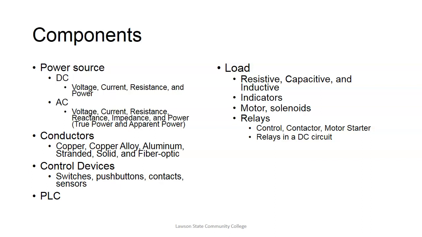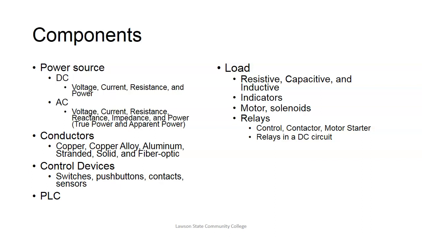With AC, we can do things that we can't with DC. One thing we can do is induce a voltage with AC, which we can't with DC. When we take a break, I'll go get my little unit over here that shows how I can turn on an LED and not actually have a circuit between the two, because it's induced.